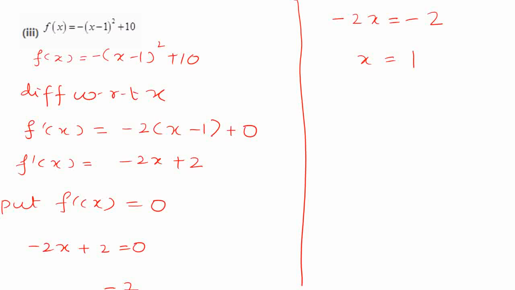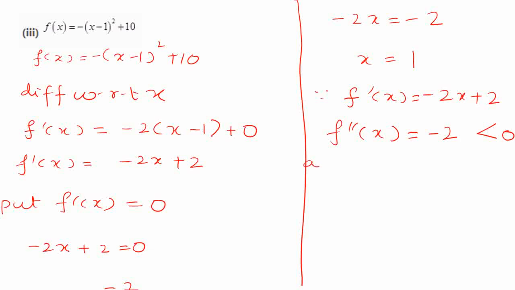Okay. Now since f dash of x is minus 2x plus 2, we will find the double order derivative here, that will be minus 2. Now minus 2 is an expression irrespective of x. X value is not there and it is negative. So for any values of x it will be negative only.